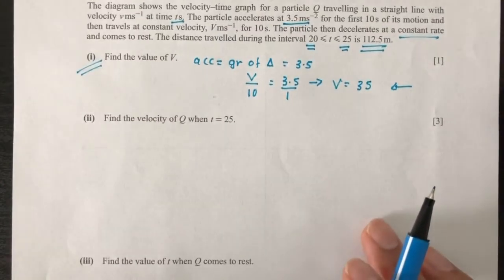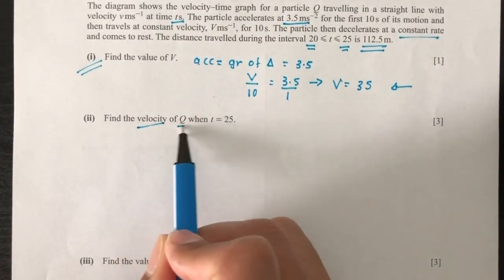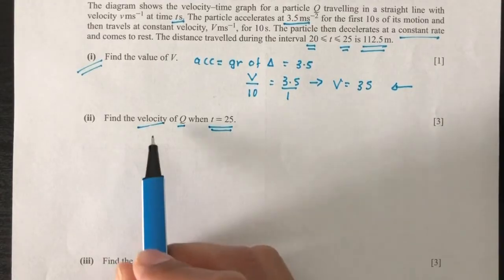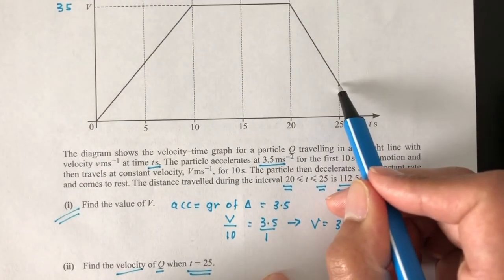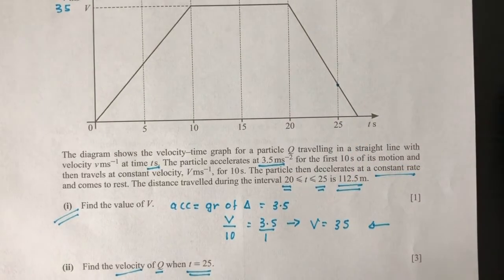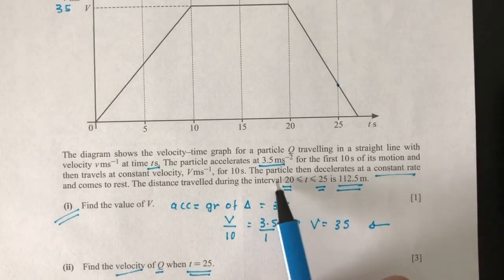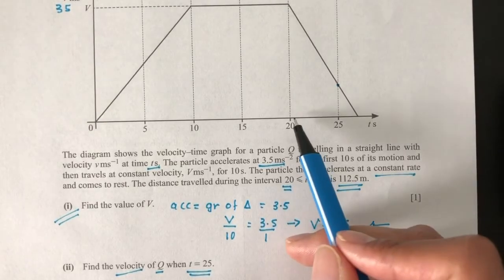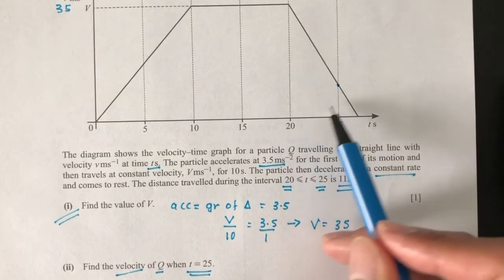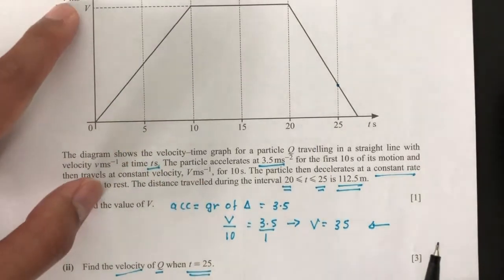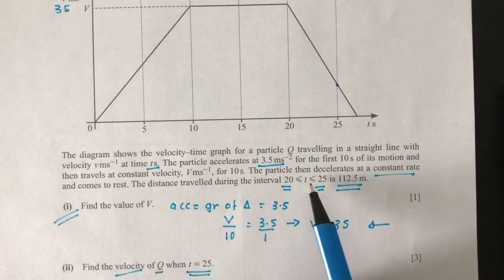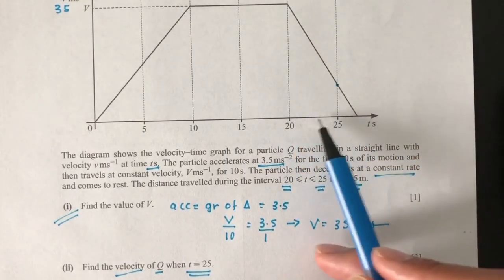Now moving on to part 2, find the velocity of Q at t equal to 25. So find the value of v when t equal to 25. So find this value right here. How would you find that value? One way of doing this is use this information. It tells you that the distance traveled in this region is 112.5. Now you must know, when you have a speed time graph, distance traveled is equal to area under graph.